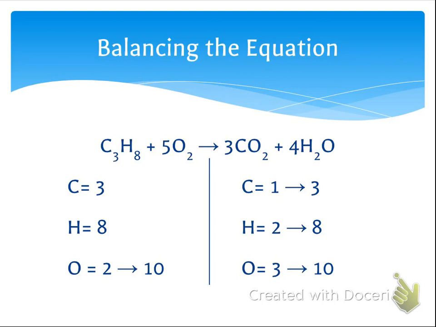Next, we will add a coefficient of 4 in front of H2O in order to make the hydrogens equal. Now, on the right side, there are 3 carbons, 8 hydrogens, and 10 oxygens. Now the only thing that is unbalanced is the oxygen. So to balance them, we would add a 5 in front of the O2 on the left side. Since 5 times 2 equals 10, it equals the right side, and now the equation is balanced.